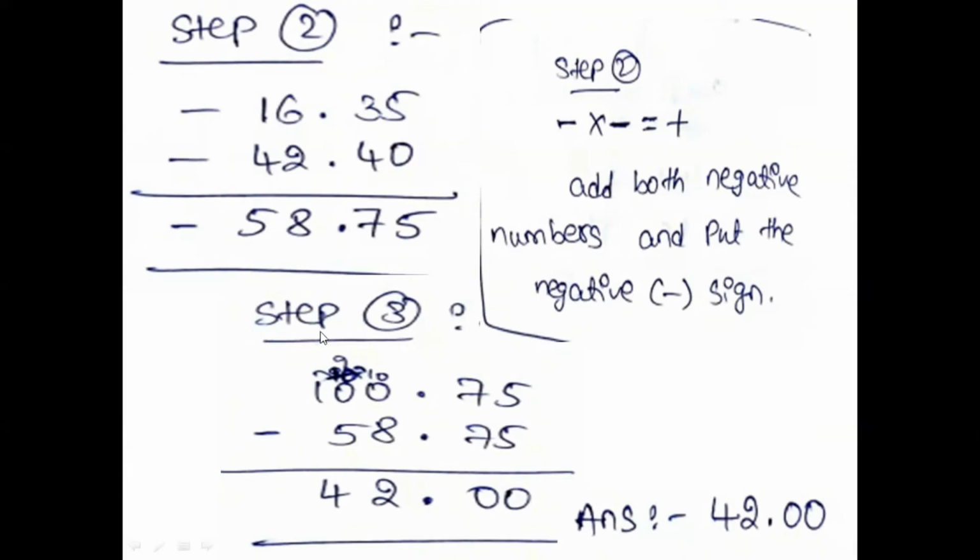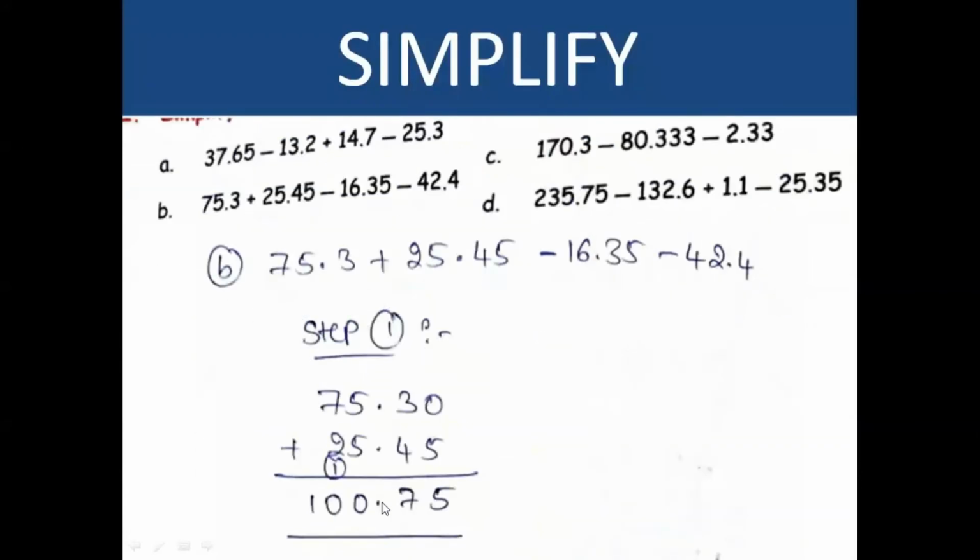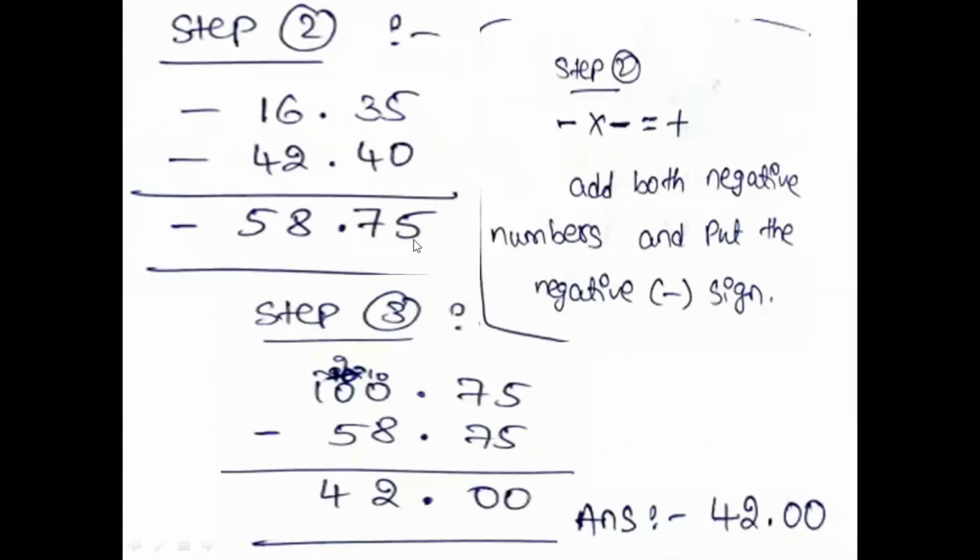Next, step 3. Go to step 1. See, step 1 answer 100.75. Now 100.75 minus, see here, step 2 answer minus 58.75.